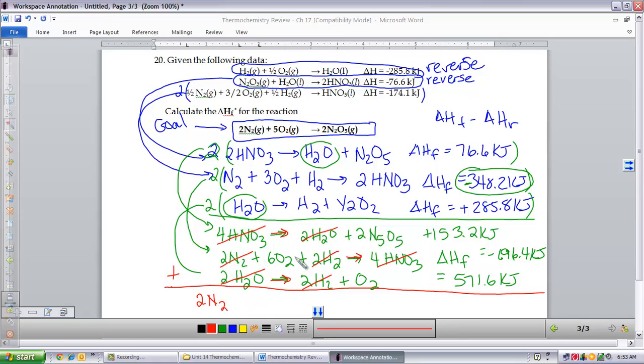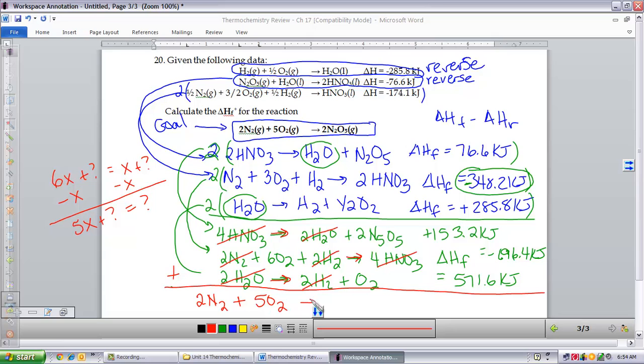Well, we have 2 moles of nitrogen, which is good. And if I notice, I have 6 moles of oxygen on the left and 1 on the right. So you can think of this as if you had like 6x plus something is equal to x plus something. You could simplify that by subtracting x on both sides in algebra, and you'll get 5x is equal to this.